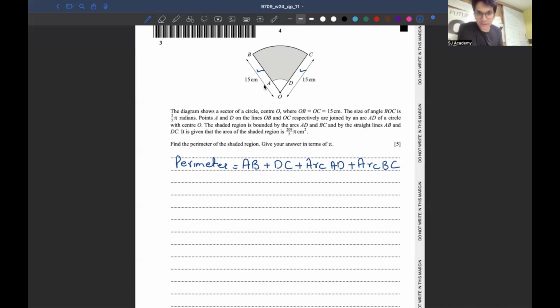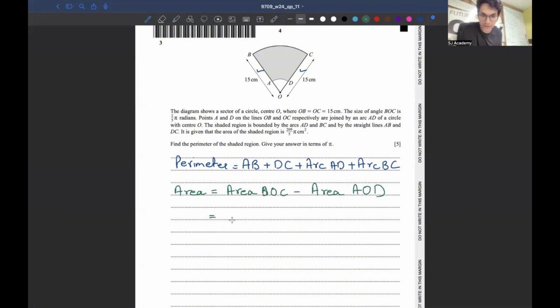Now, how to find the length OA? We know that the area of the shaded region is 209/5 π. The area of the shaded region is equal to the area of the sector BOC minus the area of the sector AOD. The formula for the area is half r squared theta.